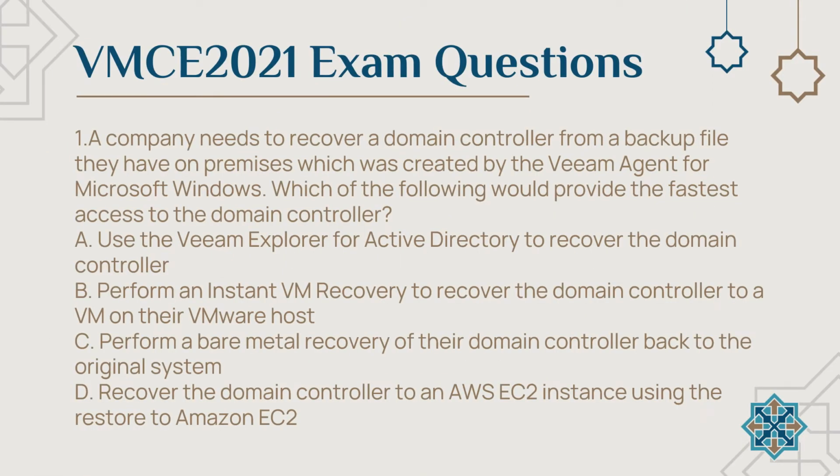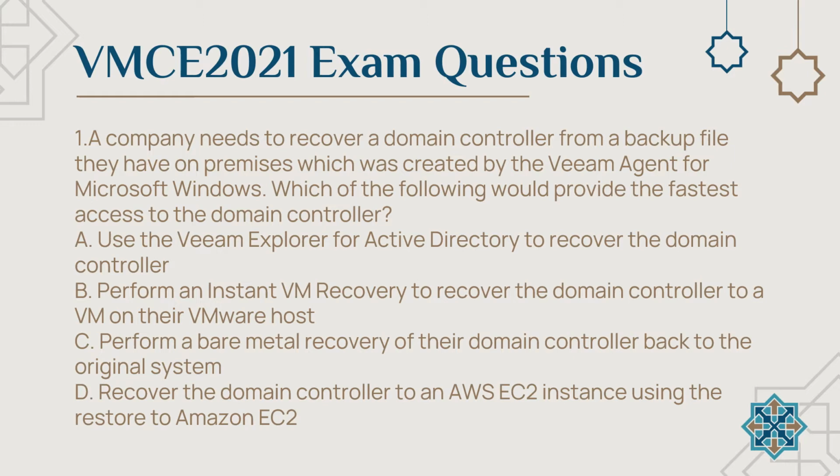1. A company needs to recover a domain controller from a backup file they have on premises which was created by the Veeam agent for Microsoft Windows. Which of the following would provide the fastest access to the domain controller? A. Use the Veeam Explorer for Active Directory to recover the domain controller.